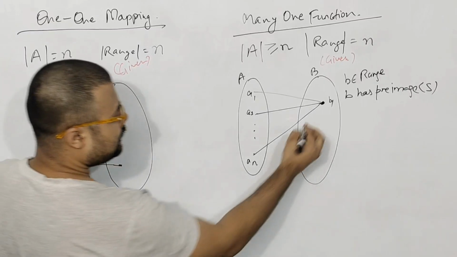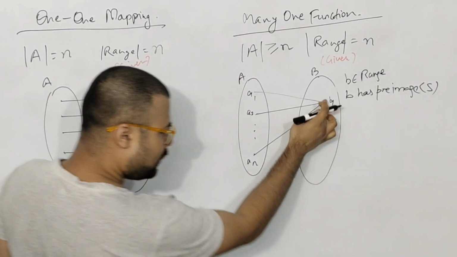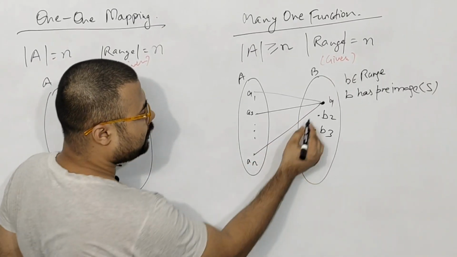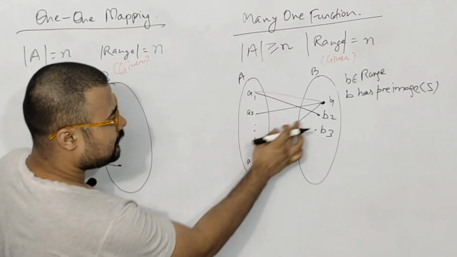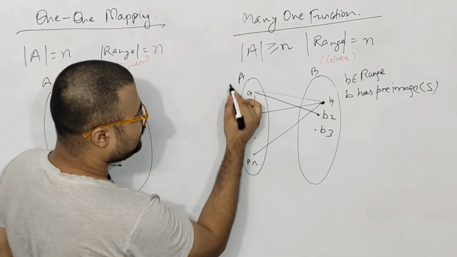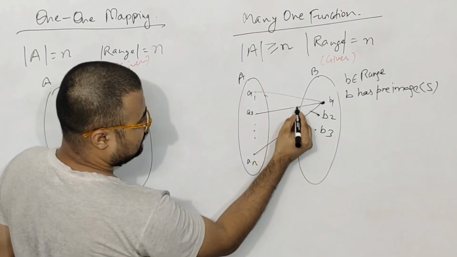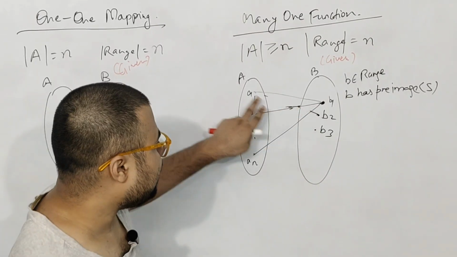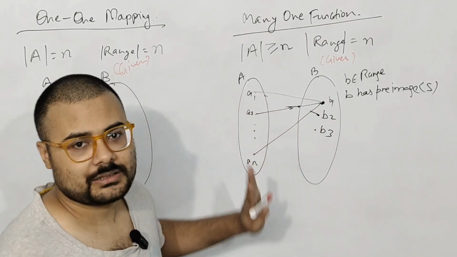Now it means that if you have any other element B2, let's say any other element B3, and these are all your range, they are mapped to some element. Now, is it possible that B2 will be matched to A1? No, it will not be a function anymore, because if A1 is mapped to B1, then A1 will not be mapped to any other element.